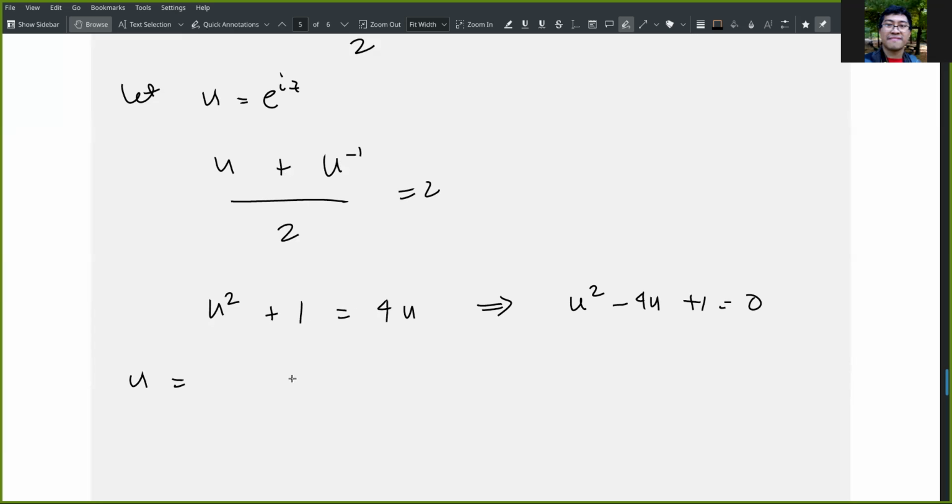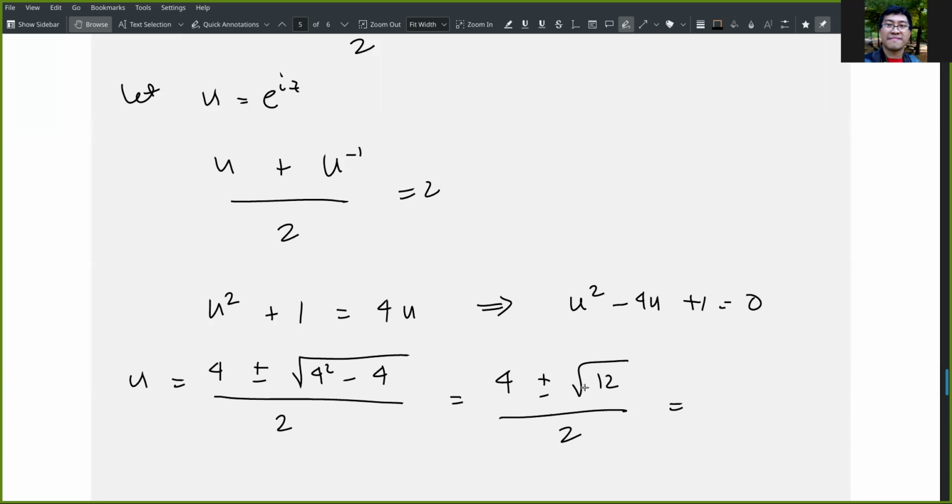So using the quadratic formula, this is 4 plus minus square root of 4 squared minus 4ac, divided by 2. So we can simplify: 4 plus minus square root of 16 minus 4, that's 12, over 2. This is 4 times 3, square root of 4 is 2. So divide by 2, you have 2 plus minus square root of 3.